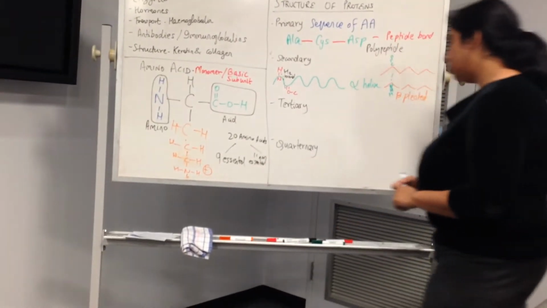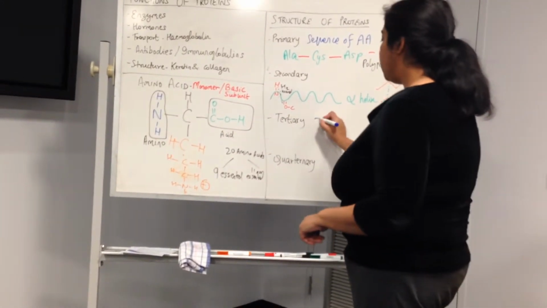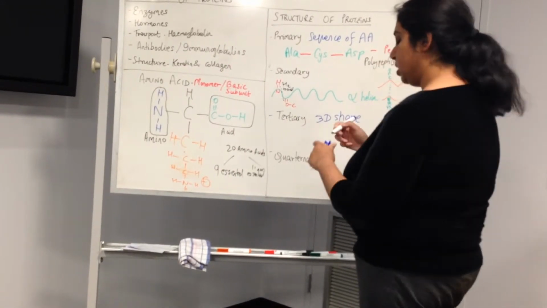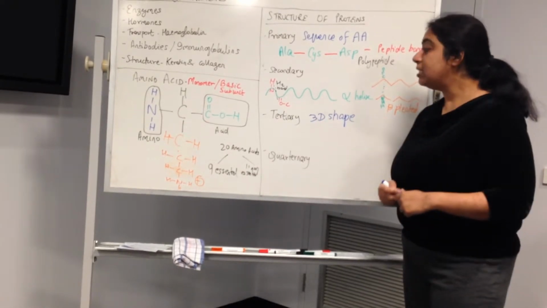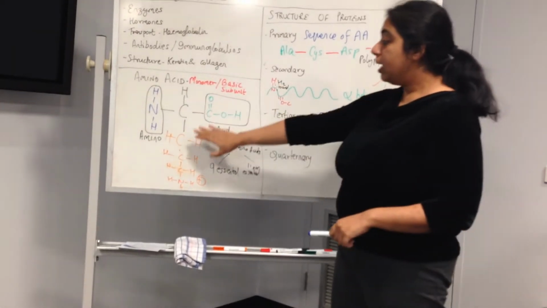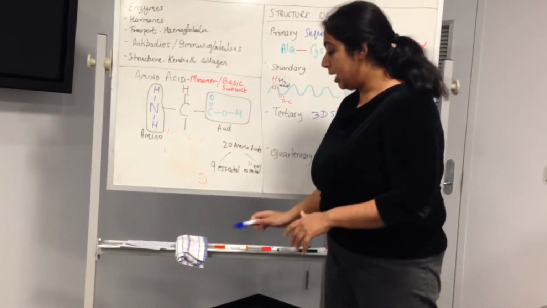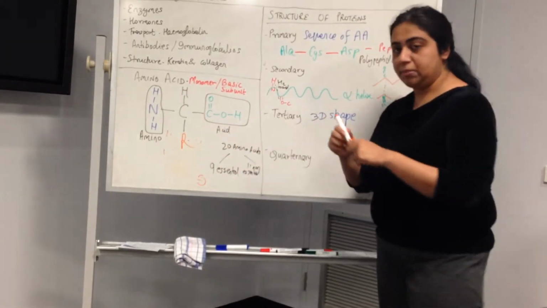Now the tertiary structure is the next level of protein structure, which is the overall three-dimensional shape of the protein. So the tertiary structure is what gives the protein its overall three-dimensional shape, appearance, and therefore its functions. And that is created by, it could be hydrogen bonds, it could be disulfide bonds, it could be hydrophobic interactions between the R groups of subsequent amino acids.